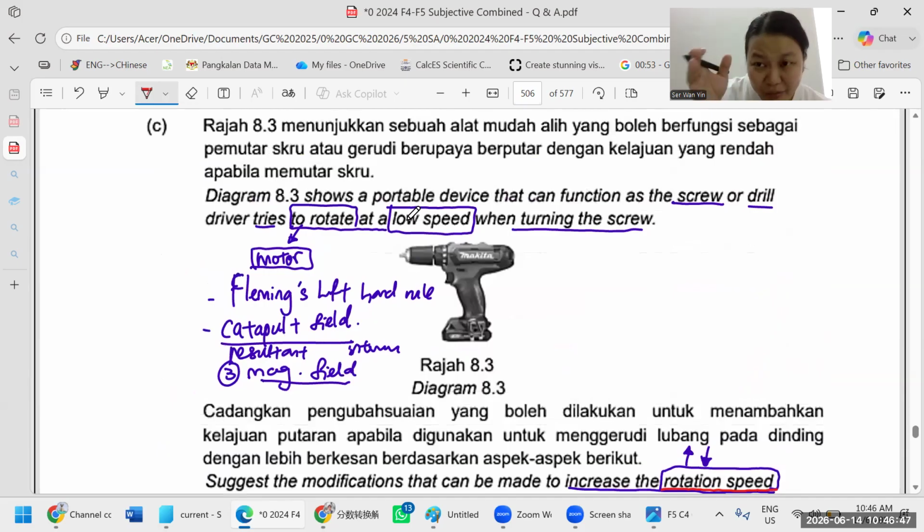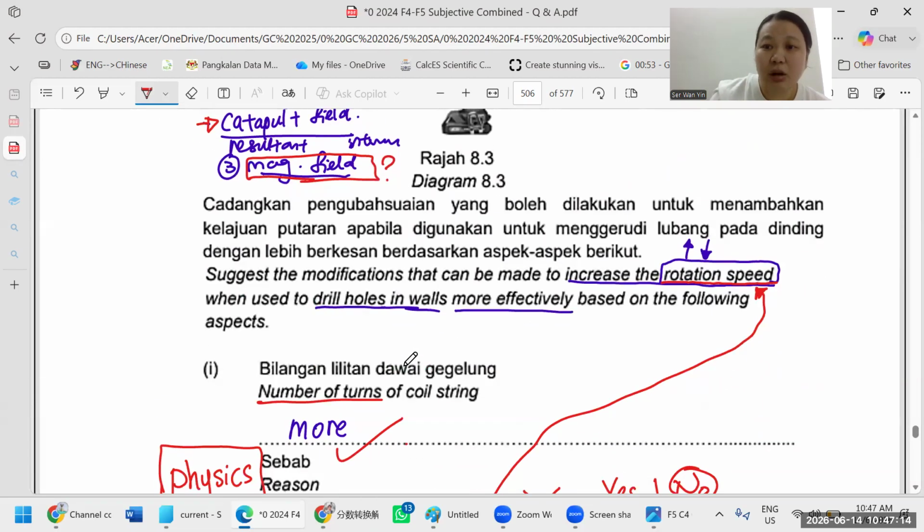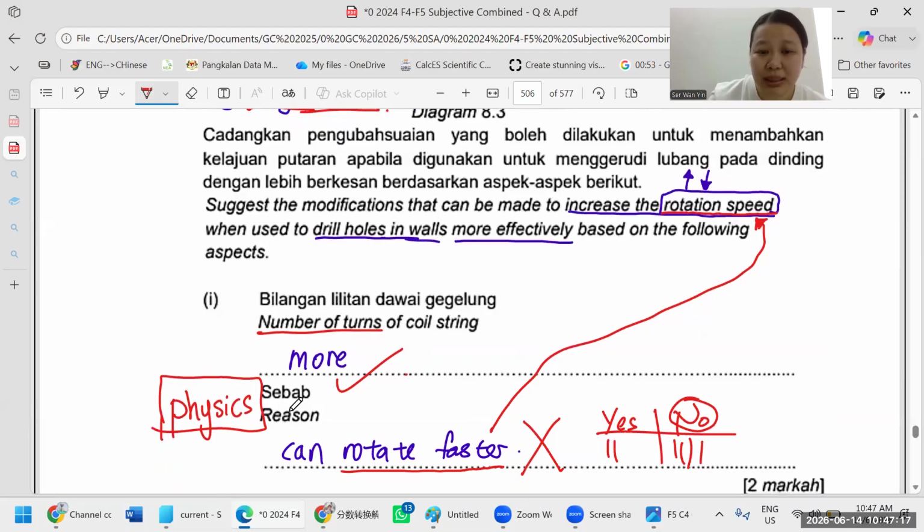You think back to the physics concept first. Motor, Fleming's left-hand rule, catapult field, the resultant magnetic field from the interaction of the magnetic field of the CCC and the magnetic field of the permanent magnet. They want you to tell how is the magnetic field. Understand? Yes, common sense, rotate faster. I would say this is a common sense answer.